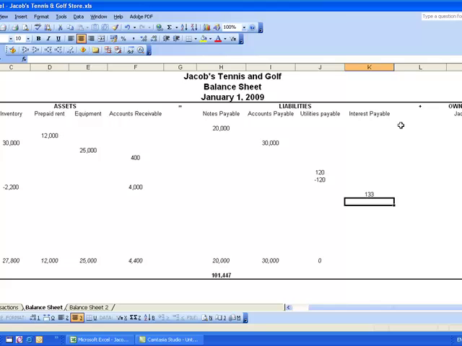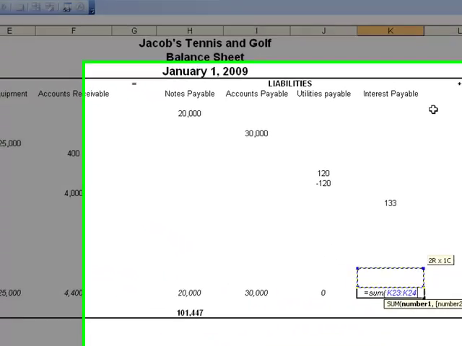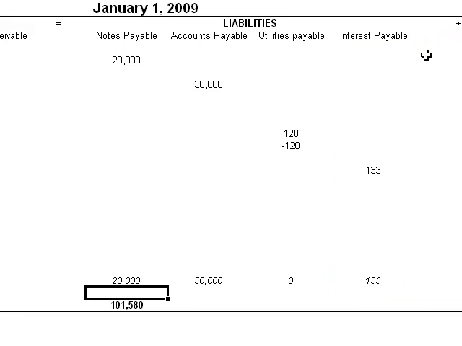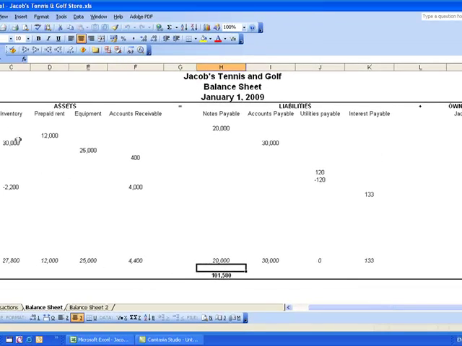So let's add this item as well in here in order to get this formula correct. So again, we have a balance. Let's save this before moving on.